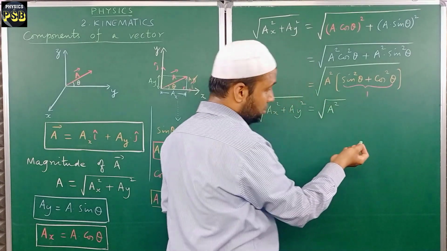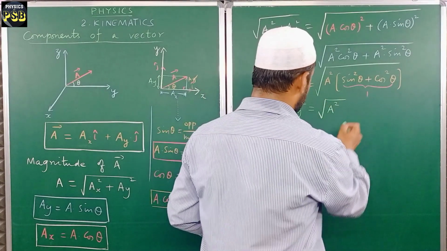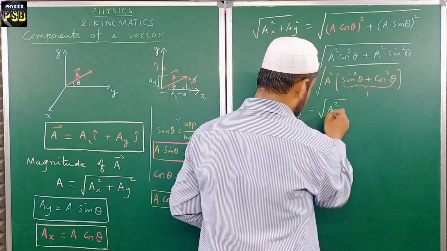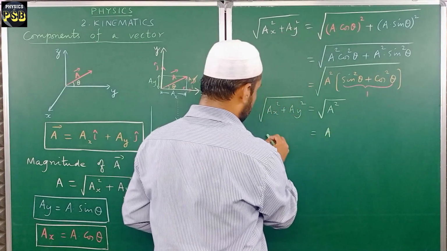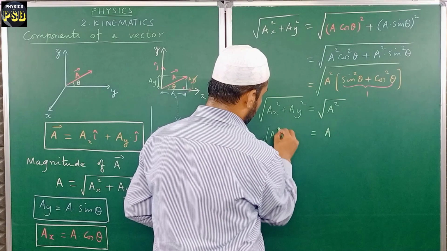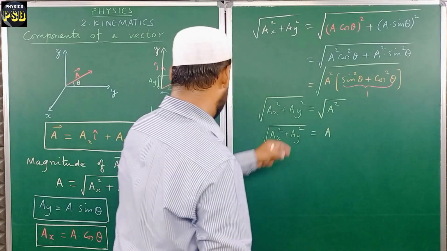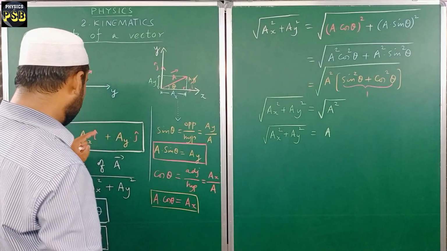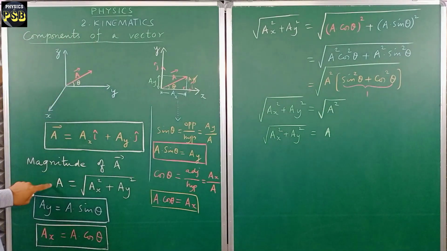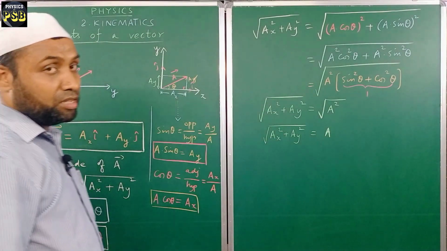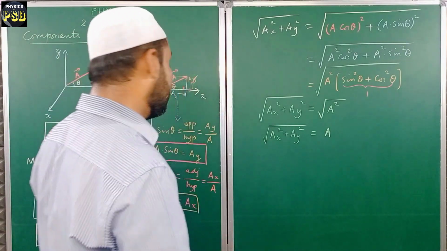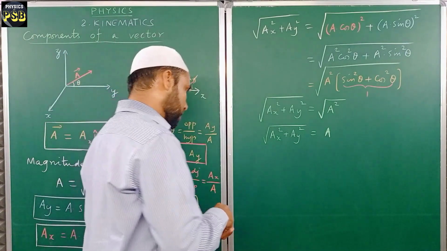So the value is root of A square, and the next step it becomes equal to A. Now you would have understood that this expression represents the magnitude of vector A. I box this.